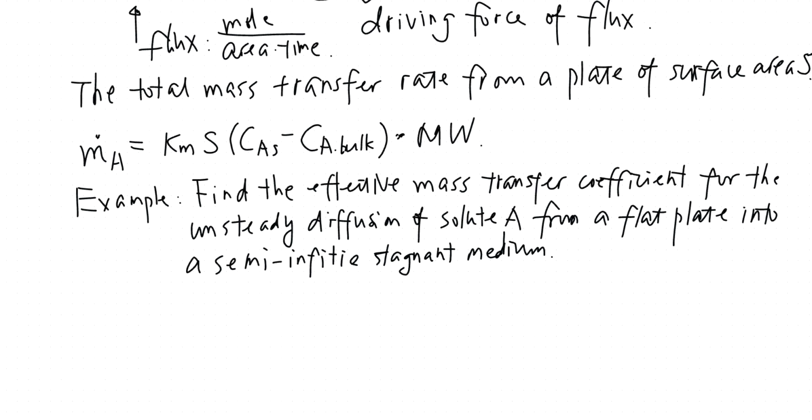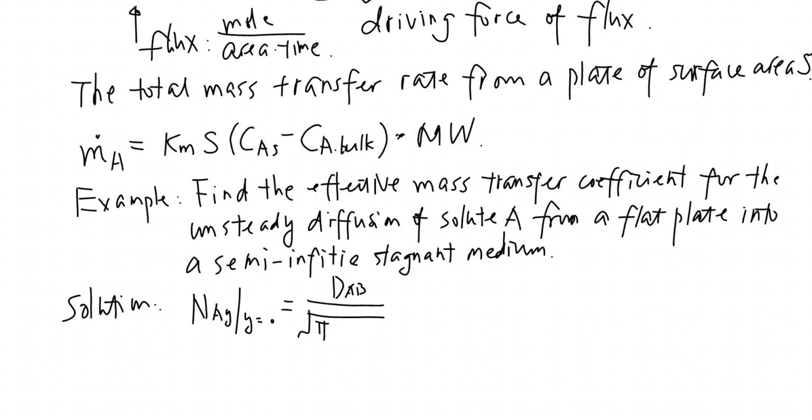So in that case, if you recall from our last lecture, we derived that the flux from the plate is the square root of D_AB divided by pi t, multiplied by the concentration difference.